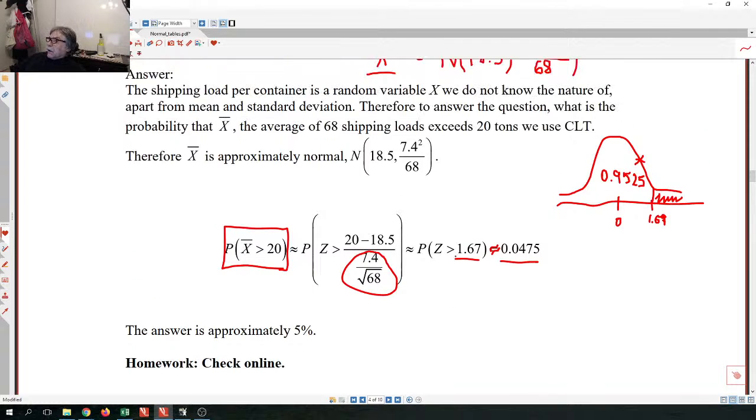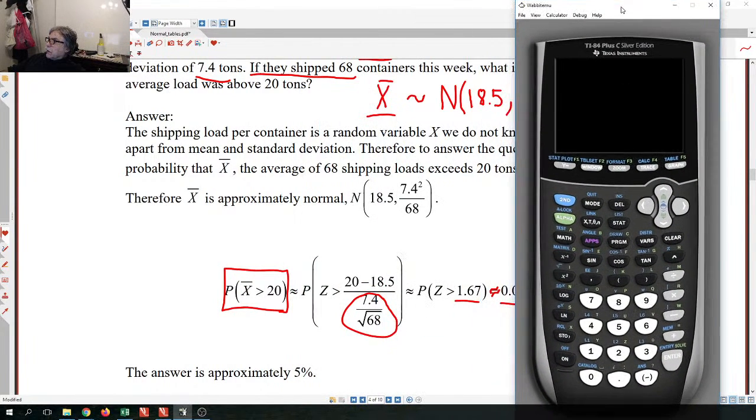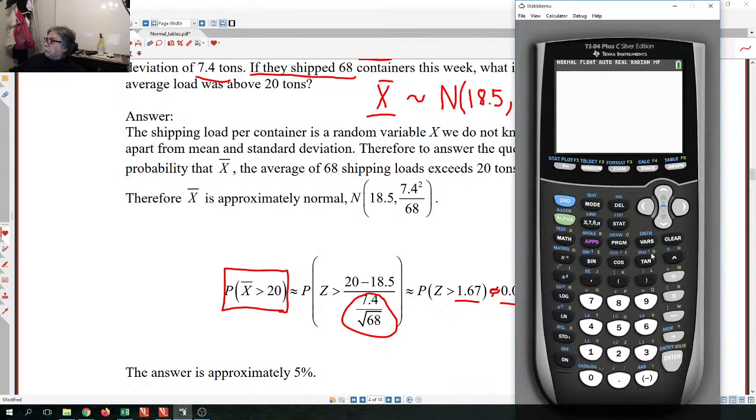I could have calculated this using the calculator, so I'm going to do that just to give you an idea how to do it. Using the calculator without the tables, I would need to use a distribution here, normal CDF, and it is asking me for a lower end.